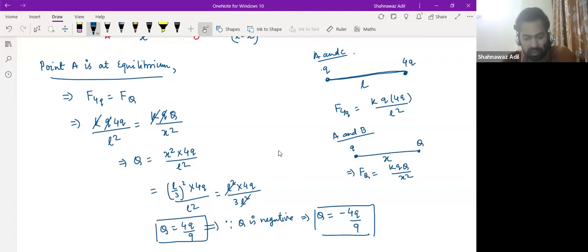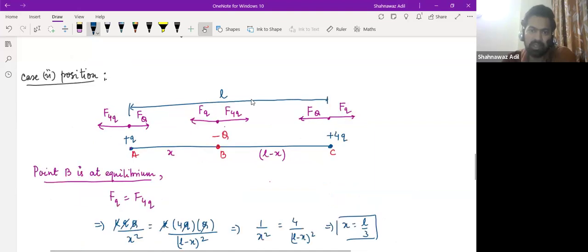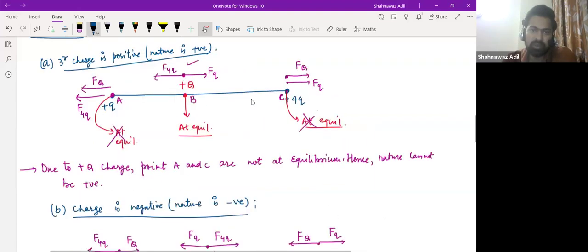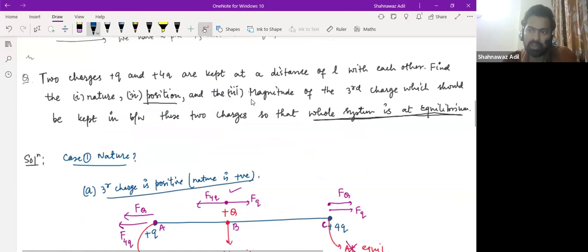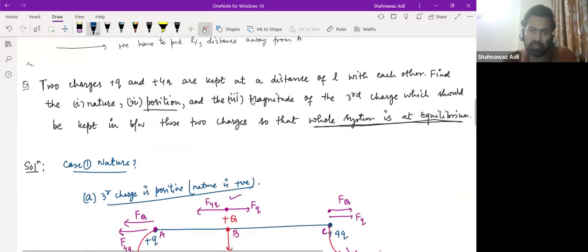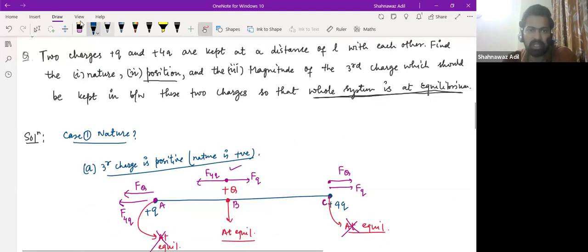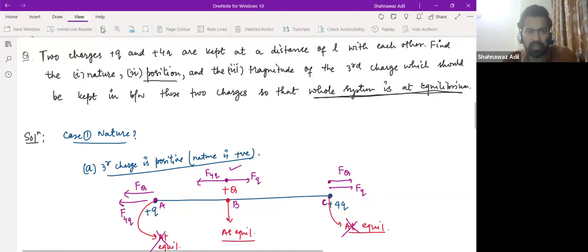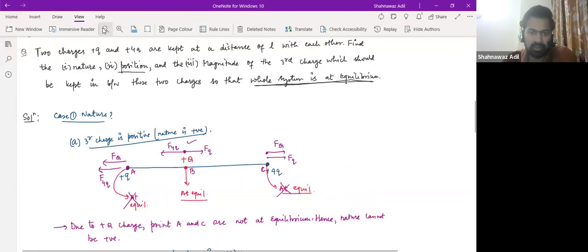Okay, so please note down this question from here. This question is very important. It talks about a system of charges at equilibrium.